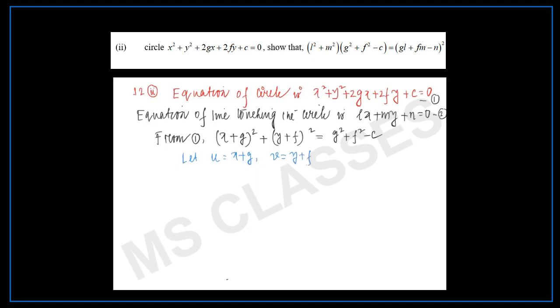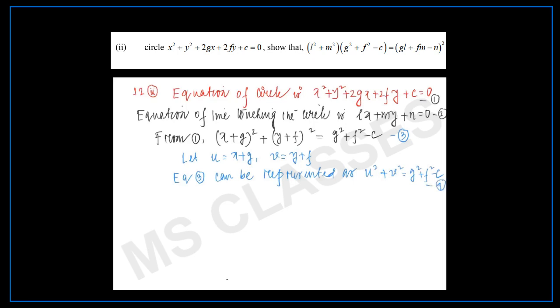So this is just the concept of origin shifting. Equation 3 can be represented as u square plus v square equal to g square plus f square minus c, and we mark this as equation 4.